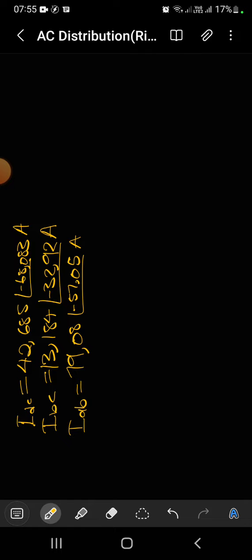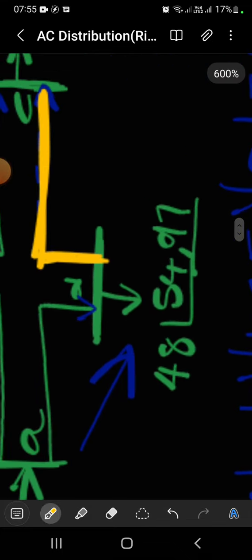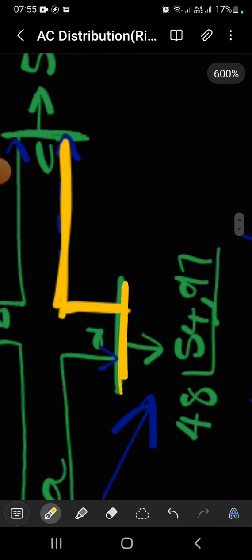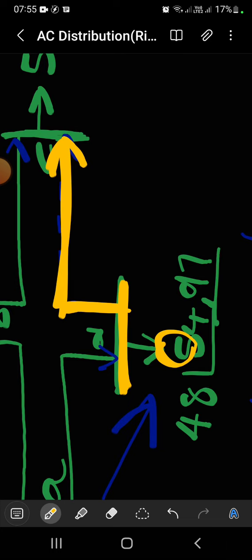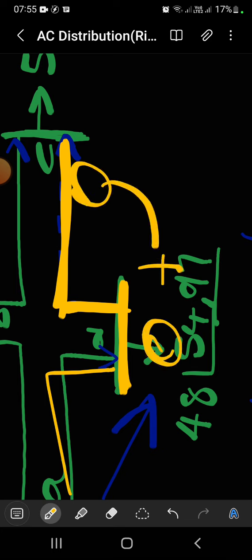We are left with one, which is IDA. It is at bus bar D. So at bus bar D, we have IDA entering the bar, and then IDC leaving the bar. That means that this is equal to the sum of this, right? Cool.